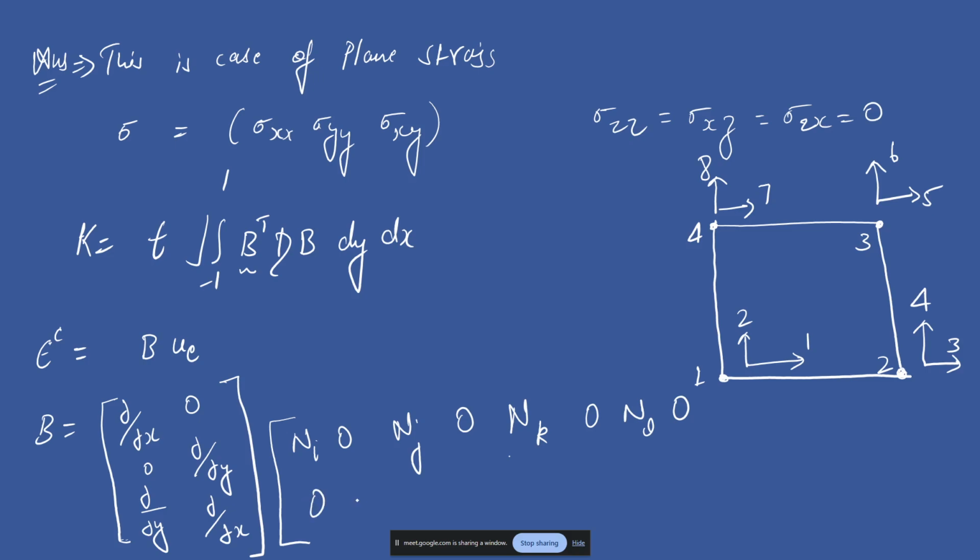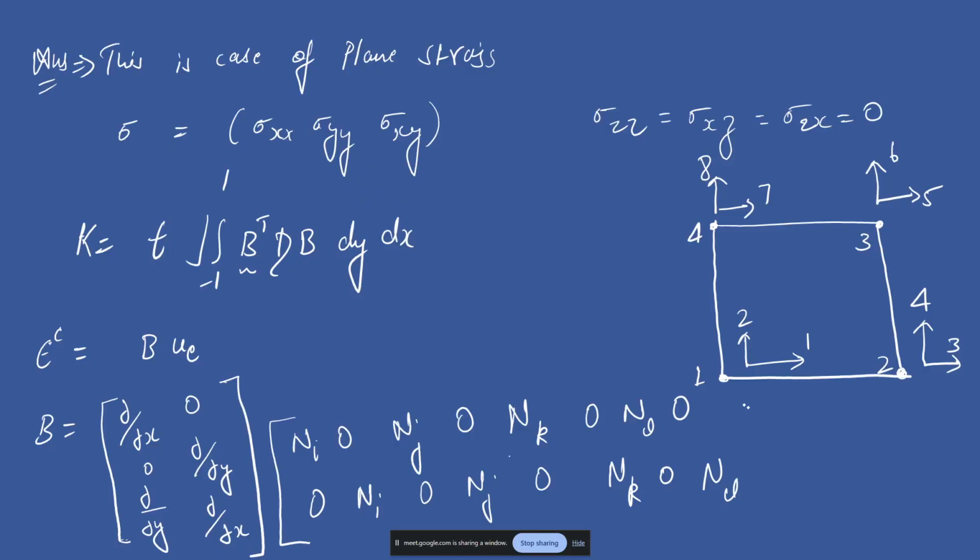So this is your 0 and N i, 0 and N j, 0 and N k, 0 and N l. Accordingly you need to calculate.